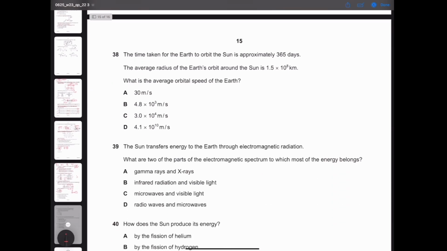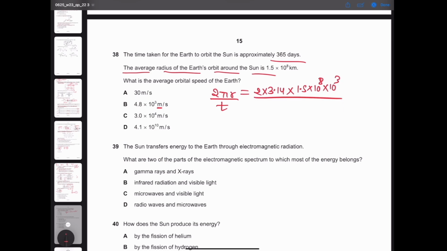Question 38. The time taken for the Earth to orbit the Sun is approximately this much. The average radius is this much. What is the average orbital speed? Average orbital speed is 2 pi r by time. 2 into 3.14 into the radius, 1.5 into 10 to the power 8 kilometers, into 10 to the power 3 to convert into meters.